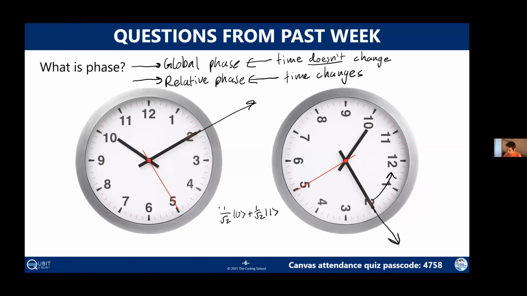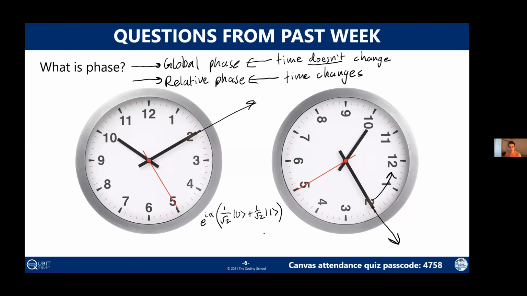Now, I could multiply the whole thing by some complex exponential like this. Doesn't matter which one. But if I multiply the whole thing, that's kind of like rotating the whole clock face. So even though the actual numbers here are going to change a little bit, the information in this state, the actual physical quantum state, doesn't change at all.